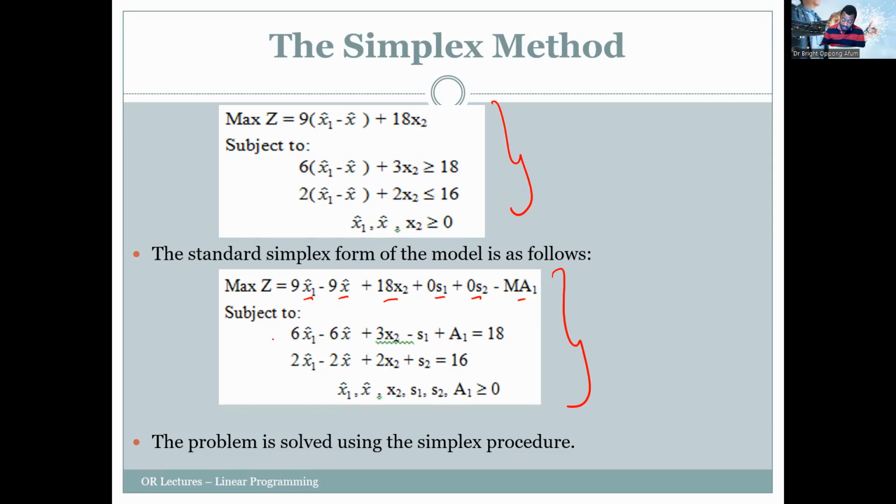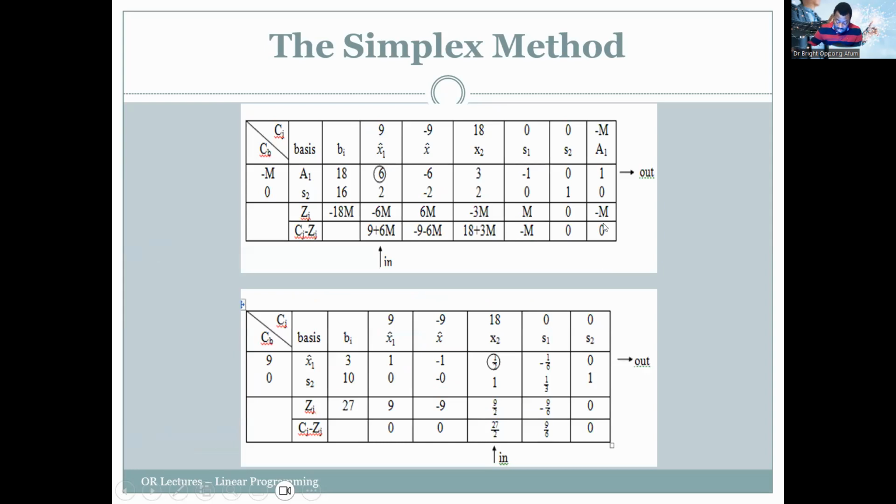That is coming from our first equation, the second, and the third, which is the non-negativity rule. So the problem can now be solved using the simplex method, and this is our initial tableau.